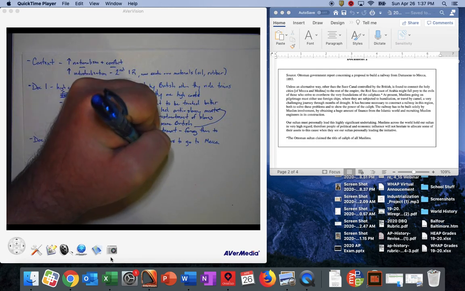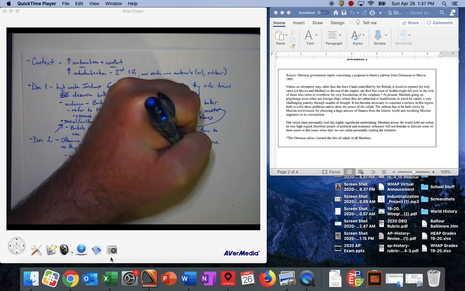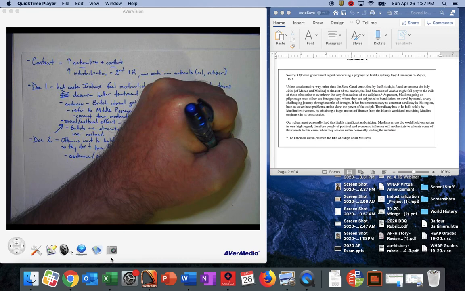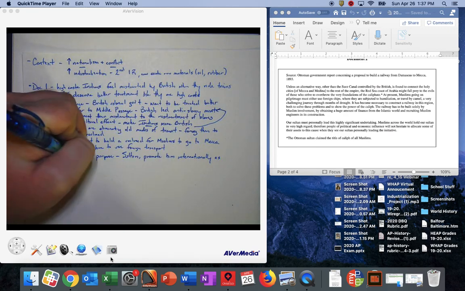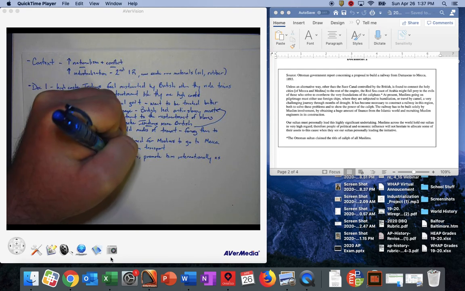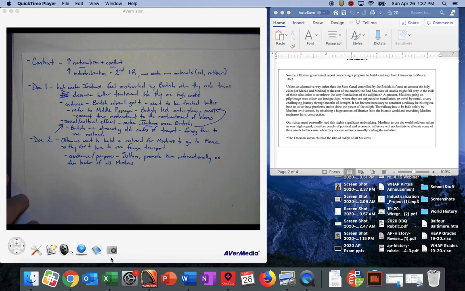To promote him internationally as the leader of all Muslims, because he is still the caliph.